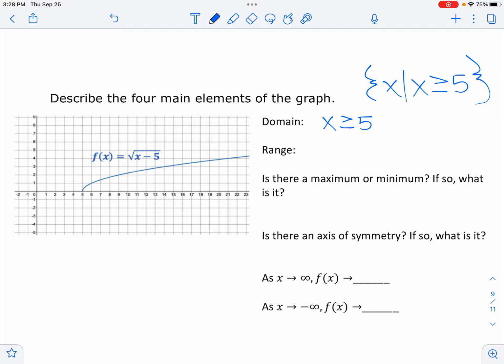The range is the y value, so that's how far it goes up and down. You'll notice the graph doesn't go any lower than this. It goes there and then goes up. So this would be y is greater than or equal to 0. From 0 up.